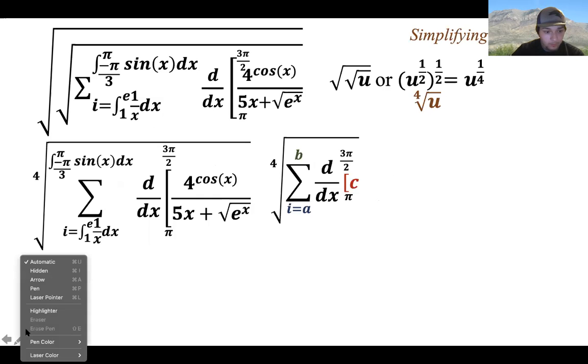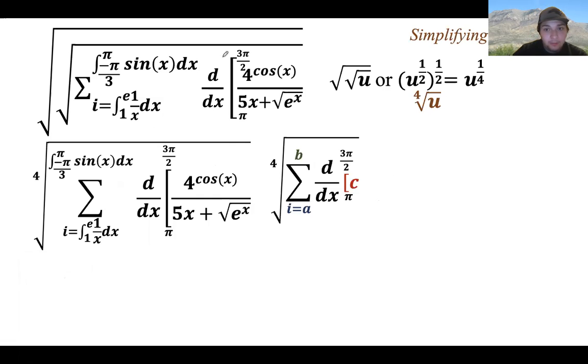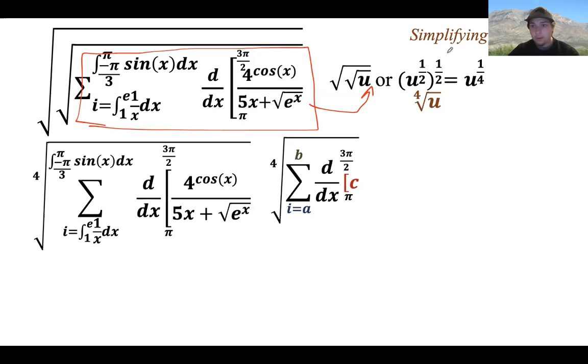We're going to take all this. This is now u. So we have the square root of u, or u to the 1/2 to the 1/2. If we know anything about fractional exponents and an exponent to an exponent, we should know that we can multiply these 1/2.